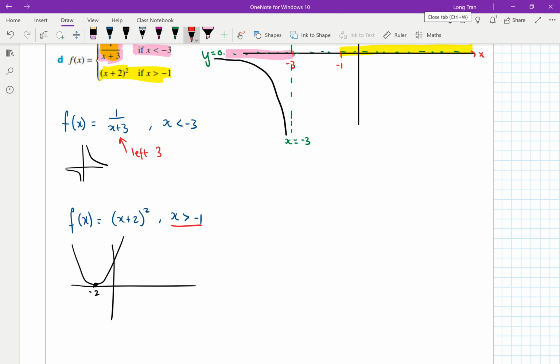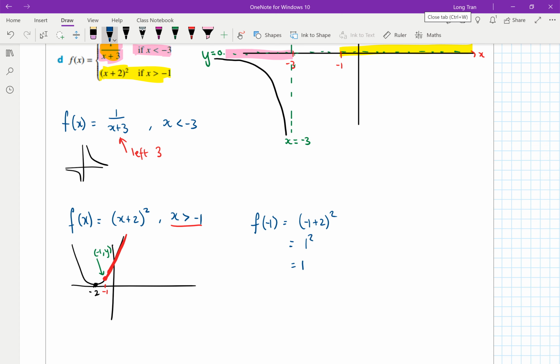So I'm starting from -1 and sketching only that section. I need to find the starting point, which is f of -1. That's -1 plus 2 squared; -1 plus 2 is 1, and 1 squared is 1.